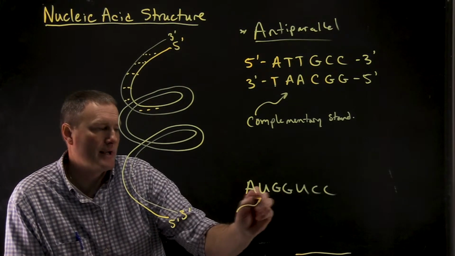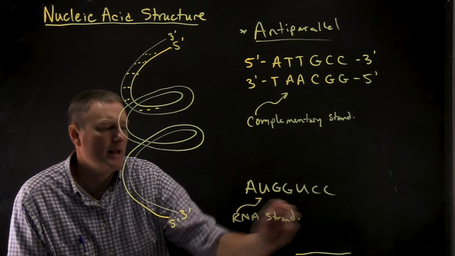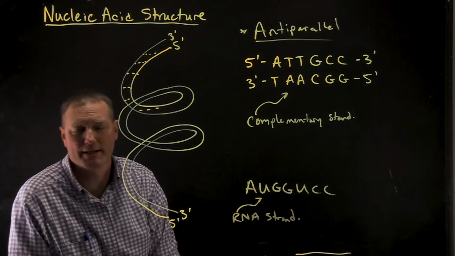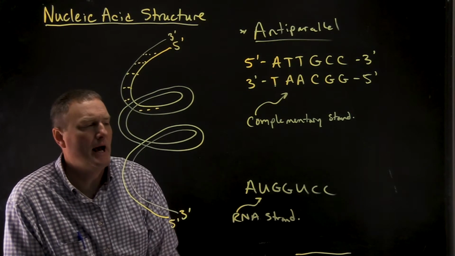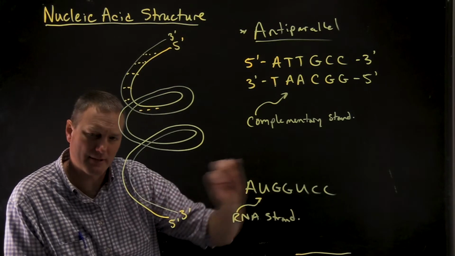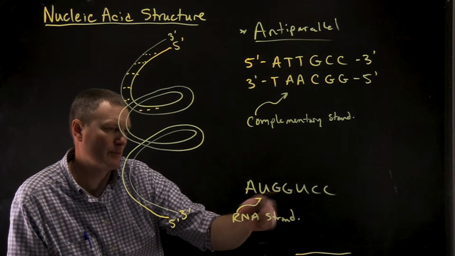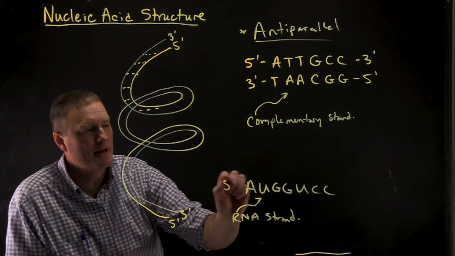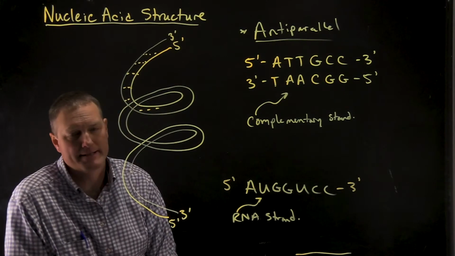So this is an RNA strand. Now RNA can form helical structures like this over short distances. They will often form hairpin loops, but usually RNAs are typically single-stranded. So when you see this written with a U in it, the 5' end by convention is on the left, 3' end would be on the right.